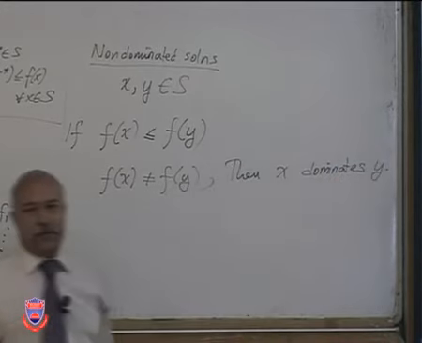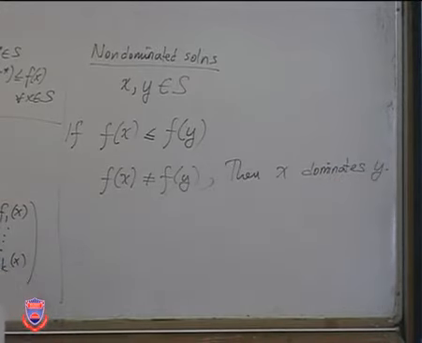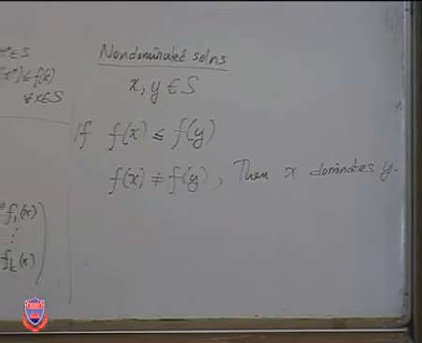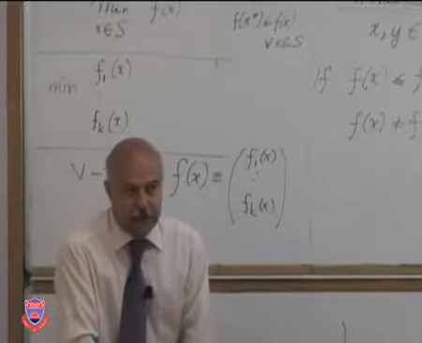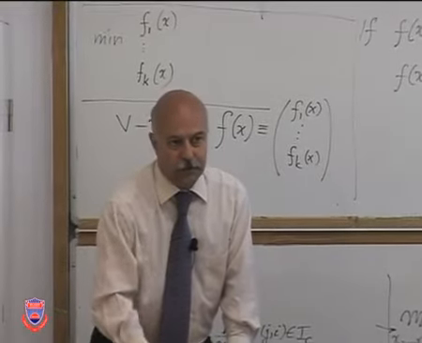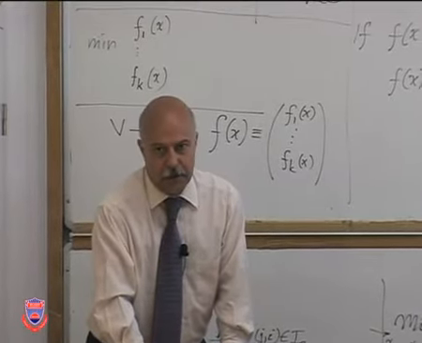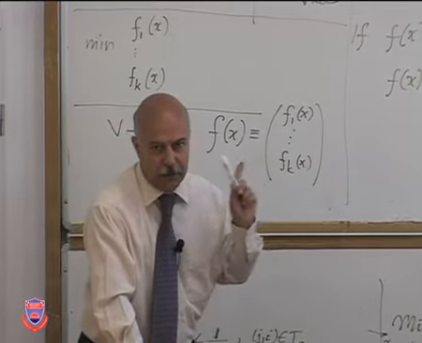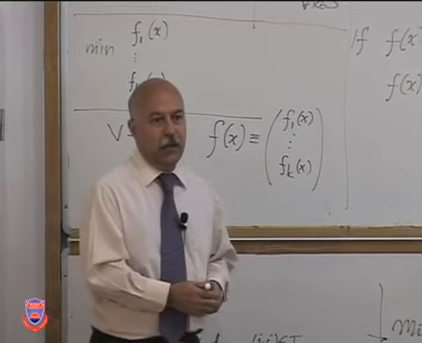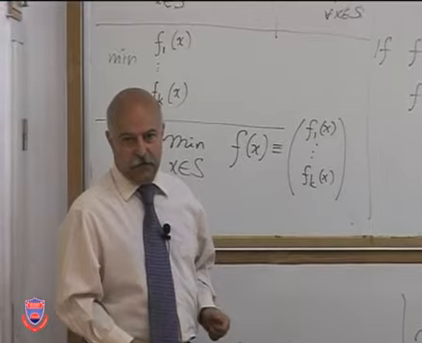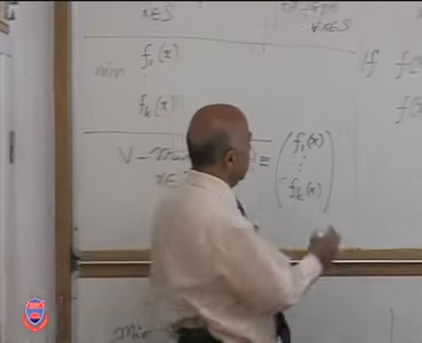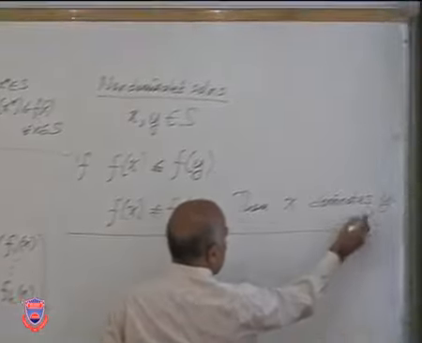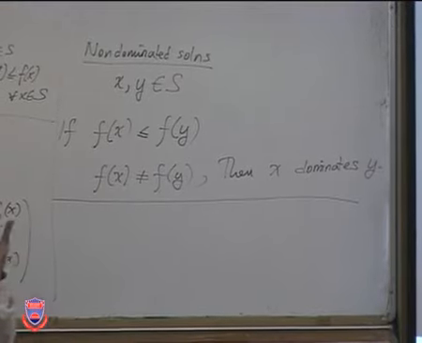Why? Because the performance of the solution x in each objective is at least as good as the performance of the other point, and it's strictly better in at least one. So x is certainly not inferior to y. This is if you already have a pair of solutions.